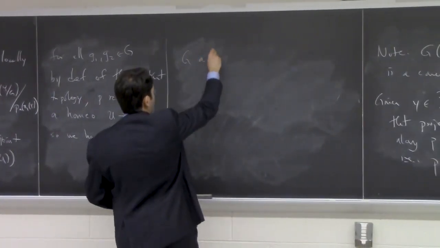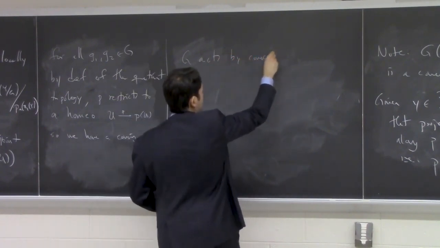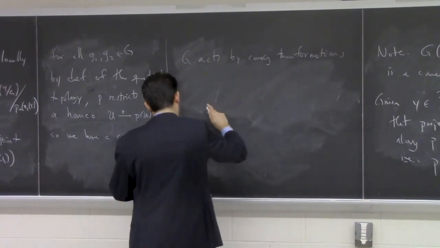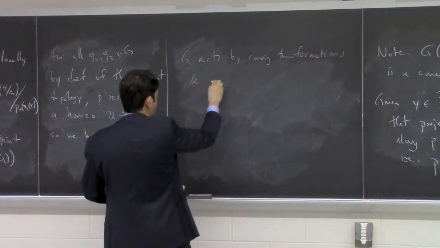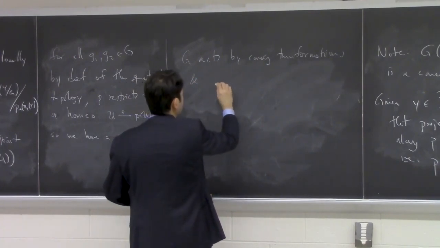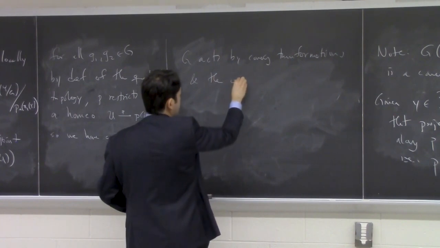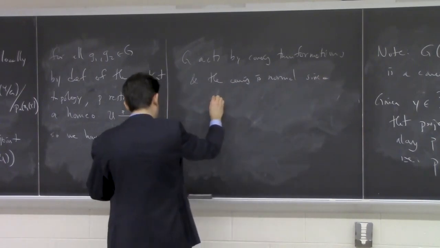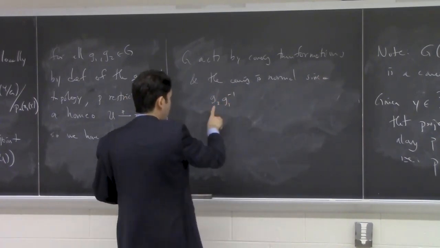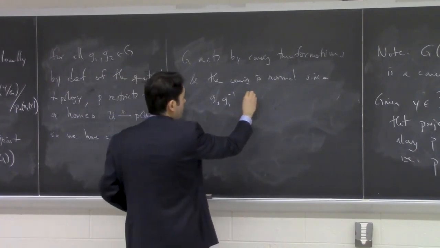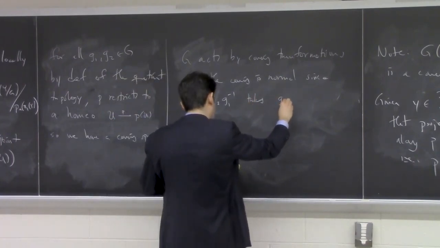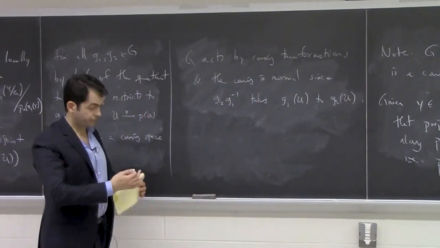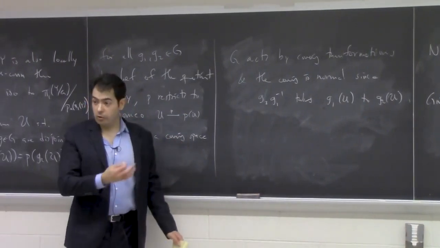Okay, so G clearly acts by covering transformations. And the covering is normal, since if you act by G2 times G1 inverse, this takes G1 of U to G2 of U. Remember that whether or not a covering is normal, we have two ways of checking.